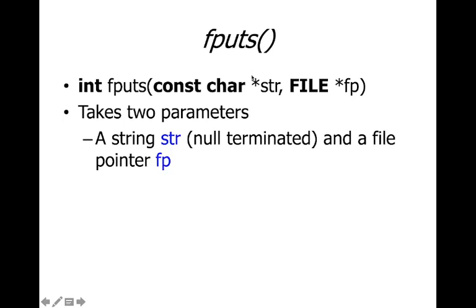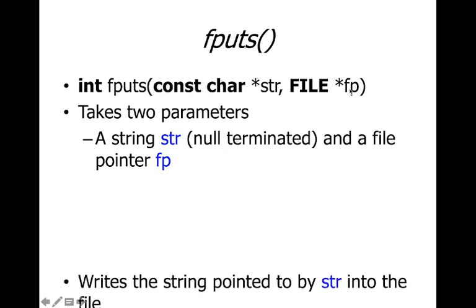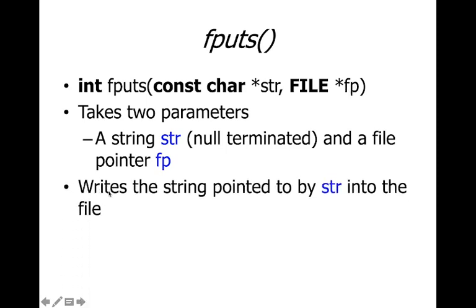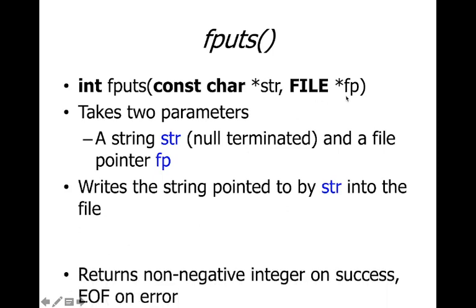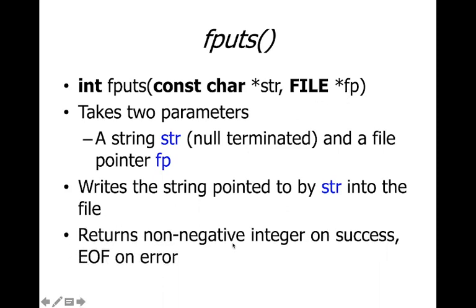The first one is a string str, which is null terminated, and the second one is a file pointer. What it does is it writes the string pointed to by str into the file pointed to by fp. It returns a non-negative integer on success, and EOF on error.